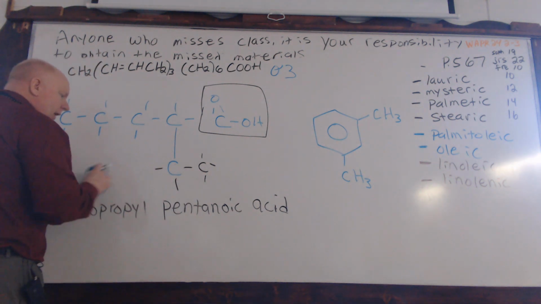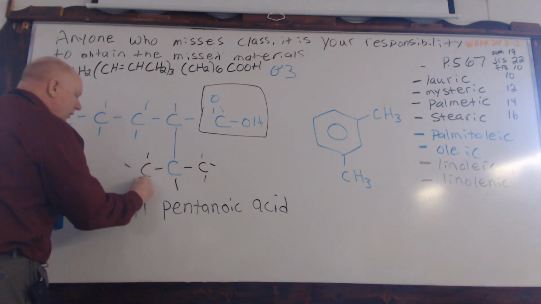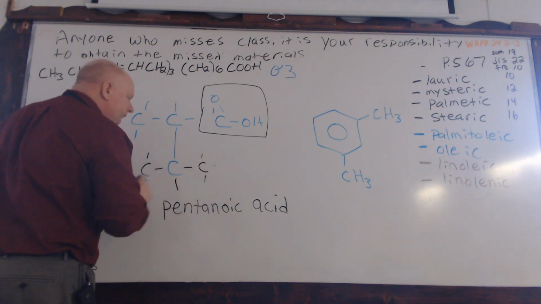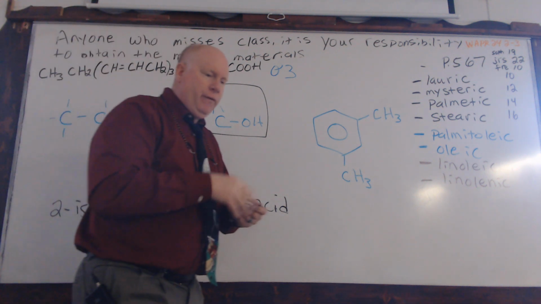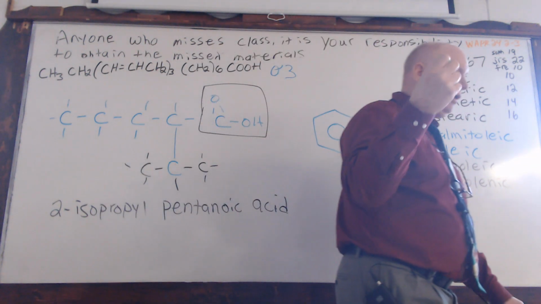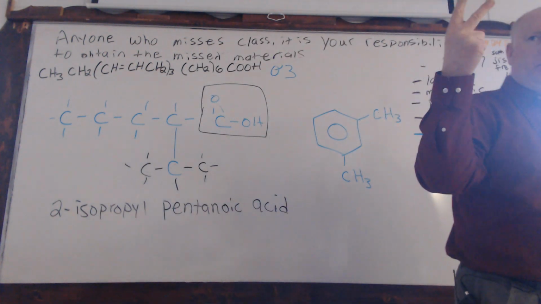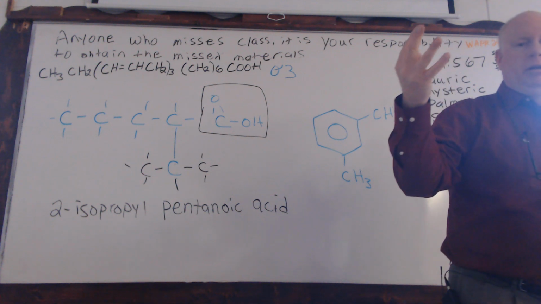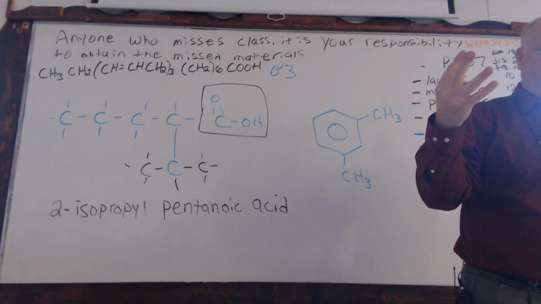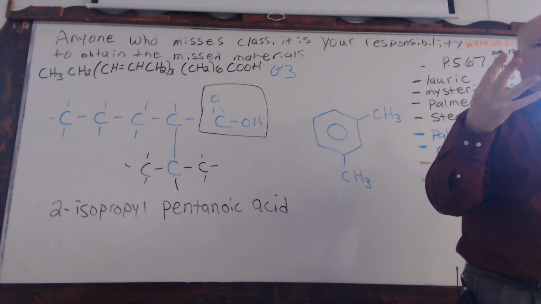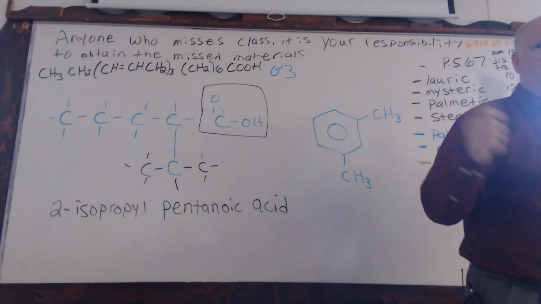There we go, isopropyl. Next year, you have to know 4 alkyl derivatives. You already know what they are: methyl, ethyl, propyl, and isopropyl. Then for seniors, you add on the butyl, secondary butyl, tertiary butyl, and isobutyl. Then you add 4 more to that.